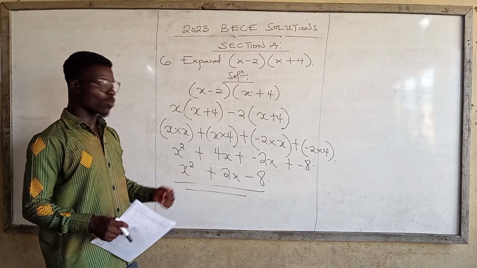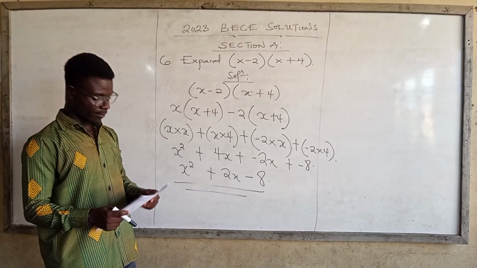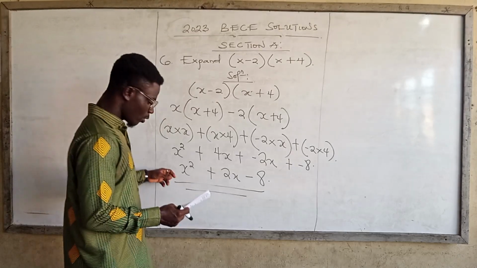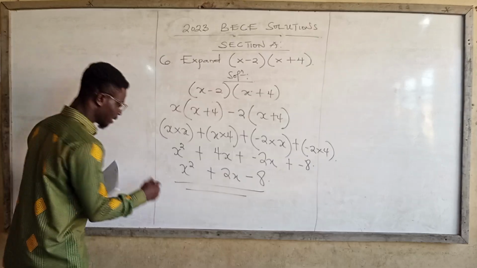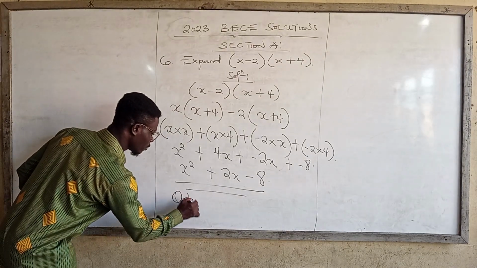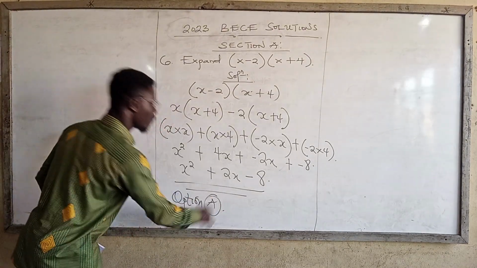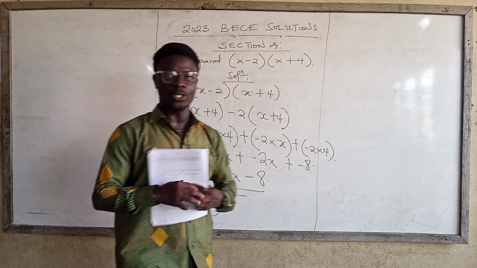So our answer is x squared plus 2x minus 8, which is option A for apple. Let's proceed to question 7.